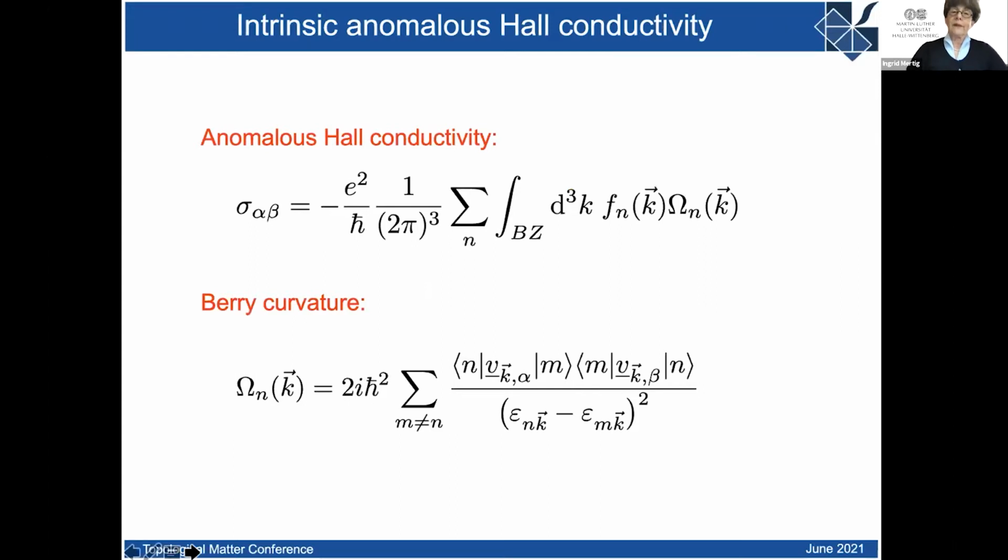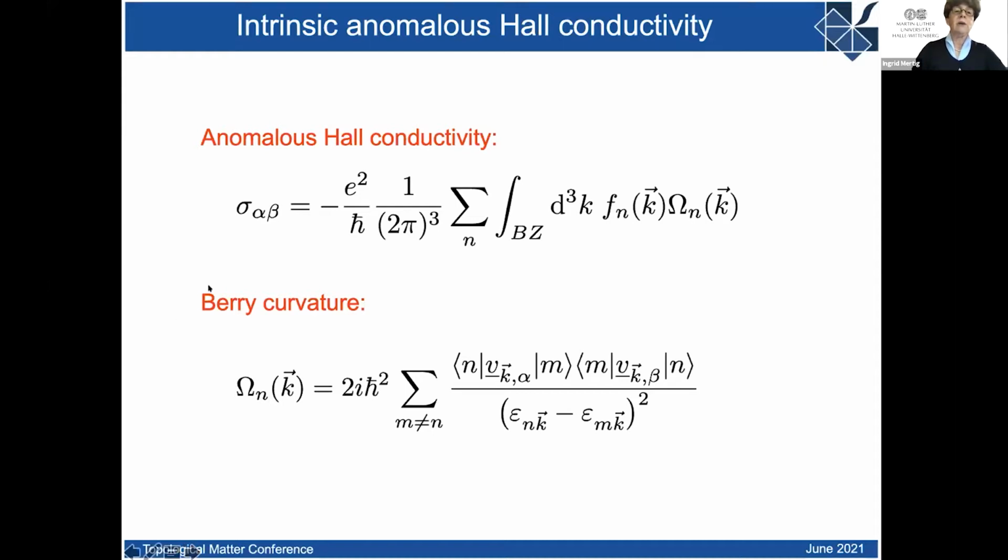Now, these different Hall effects have different sources, but I would like to concentrate on the so-called intrinsic source of the Hall effect, which is related to the Berry curvature, and for which we can find a very simple formula for the non-diagonal element of the conductivity tensor.